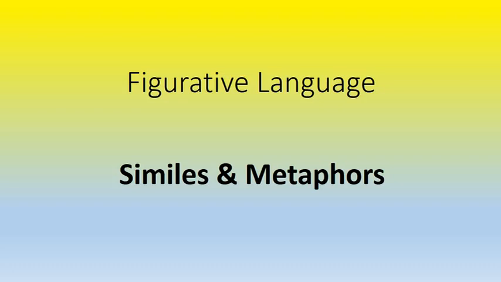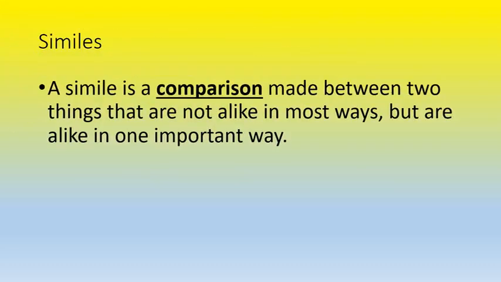So let's move ahead and see what is the difference between the simile and metaphor and how they are used in the world of writing and literature. A very simple idea. Similes. A simile is a comparison made between two things that are not alike in most ways but are alike in one important way.